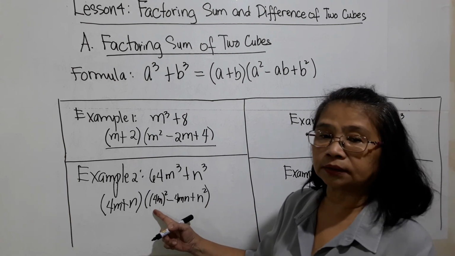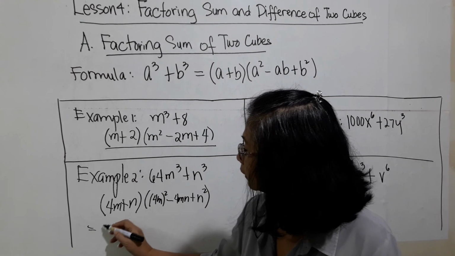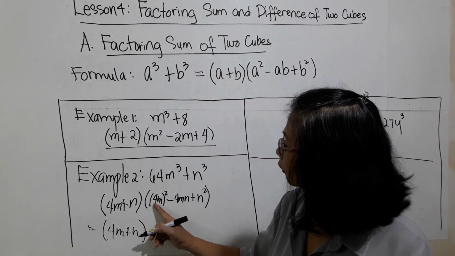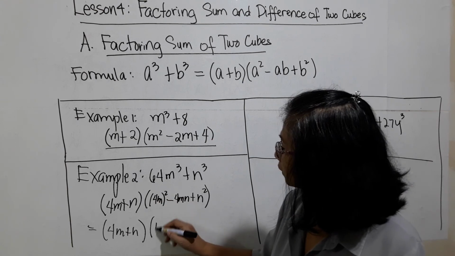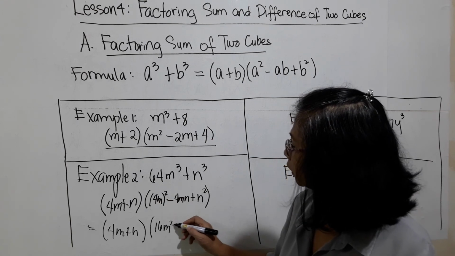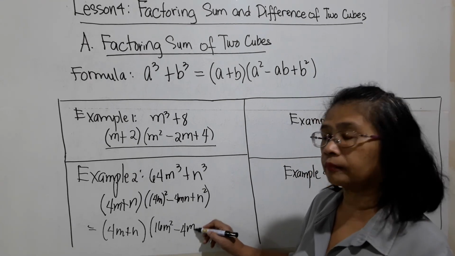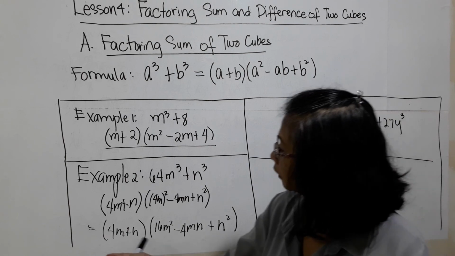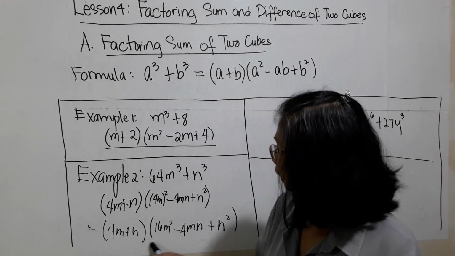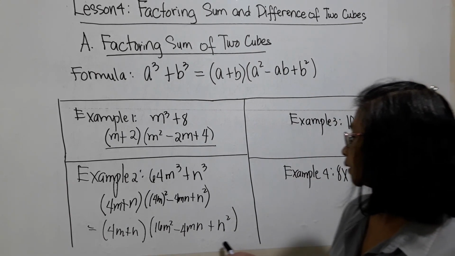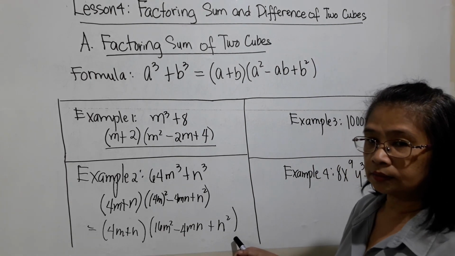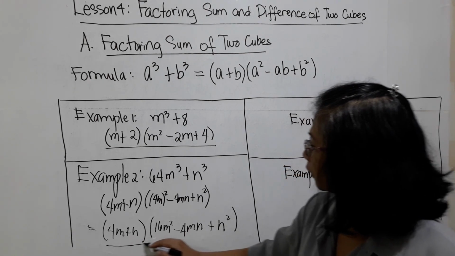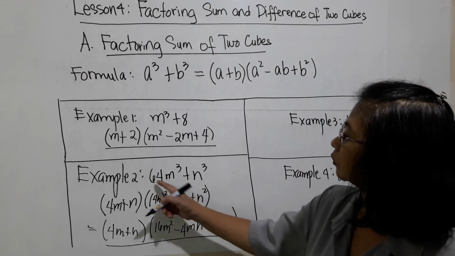But this one is not yet simplified, so we have to simplify. 4m plus n, 4m squared is 16m squared minus 4mn plus n squared. You look at the board, can we still see terms which are not yet simplified? Okay, no more. So these are the factors of the sum of two cubes in number 2.